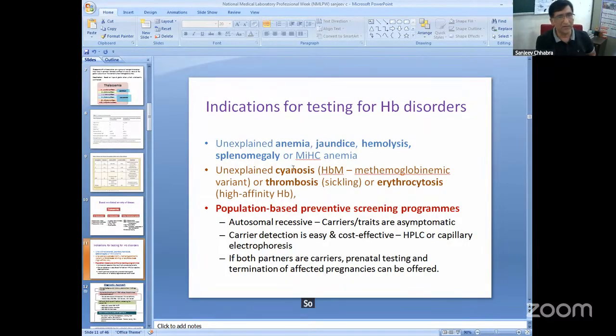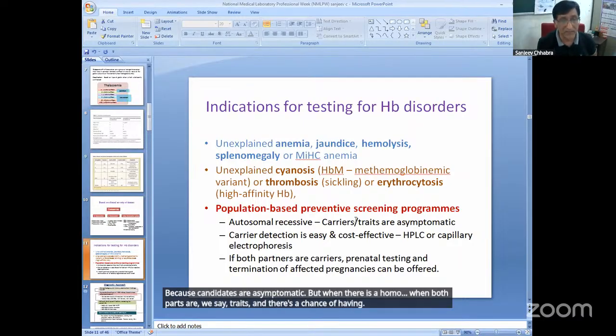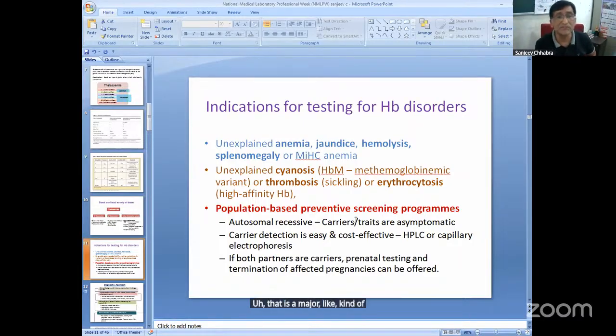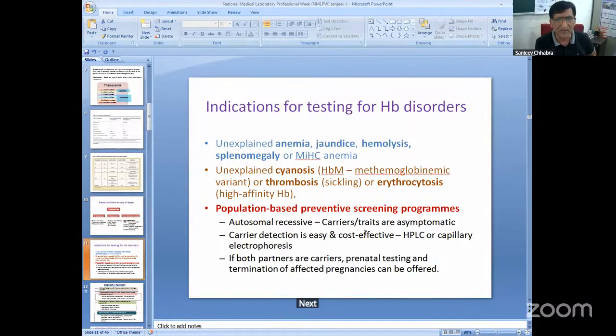And as we know, why do we want to screen? Because carrier states are asymptomatic. But when both partners are traits, there's a chance of having thalassemia major kind of conditions, so we want to screen for the traits. It's very easy to detect by means of HPLC.